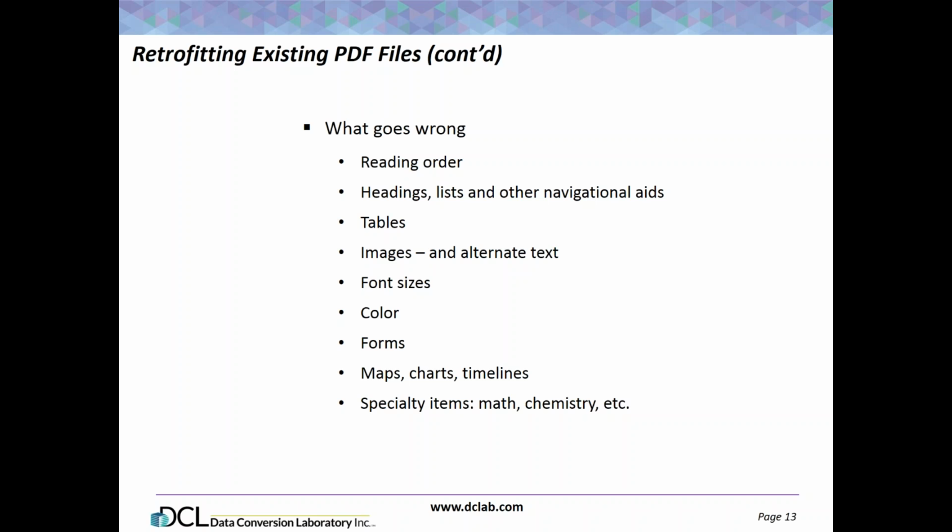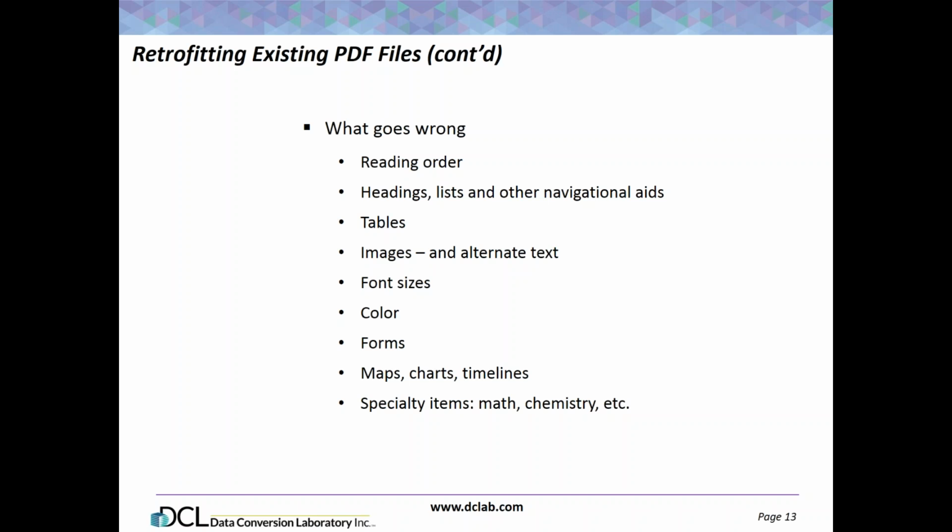But if you have a two-column document, how do you know where you go from one place to another? Think in terms of a newspaper. Where should your eye go next? At the end of a column, does it go to the top of the previous column? Does it go below? Does it go to the side? So reading order becomes a major issue when you're trying to automate these things. And a typical PDF file does not have the reading order in there. It depends on you visually to make those decisions.